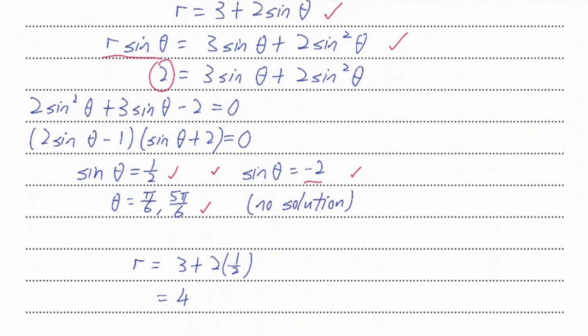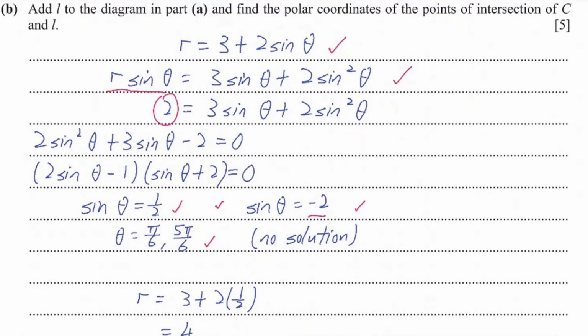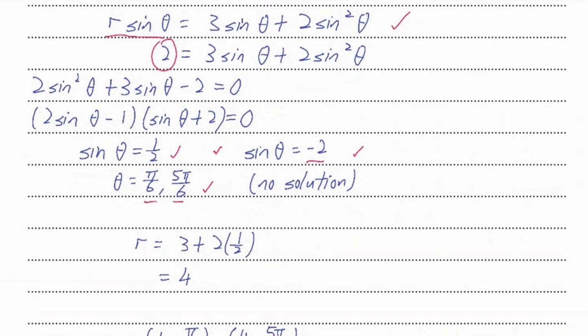You also want to find the r value here. The r value is 3 plus 2 sine theta. We don't need to substitute the theta in there, because this is 2 sine theta, and we get it from the sine theta, so we just take the half. It's easier for us to calculate the value.